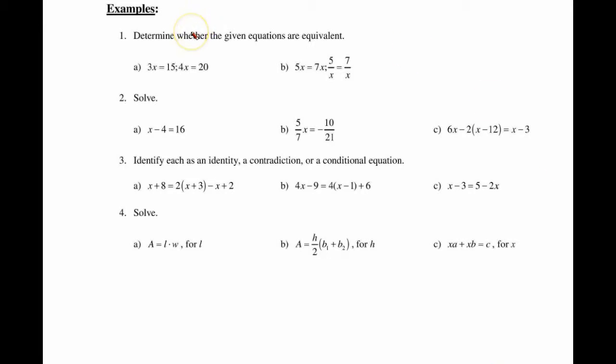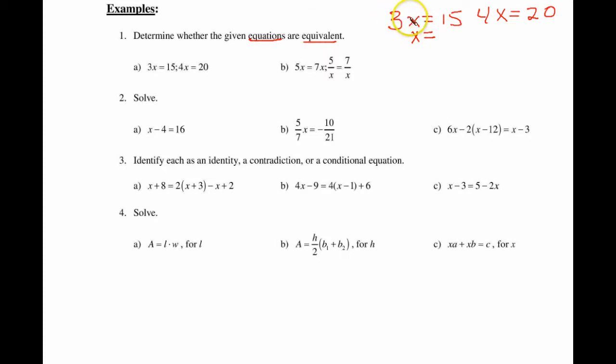It's important to look at what they're asking you to do, because probably in your math lab, in your practice and quiz me, you'll be doing this type of thing. It's to determine whether given equations are equivalent. So here we have 3x equals 15, and then here they're saying 4x equals 20. What is x going to be here?